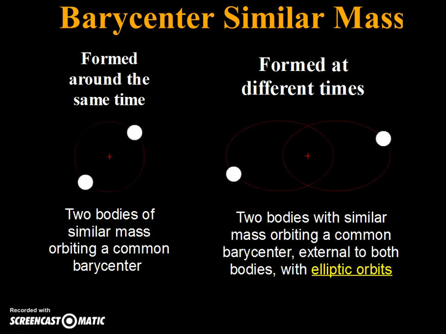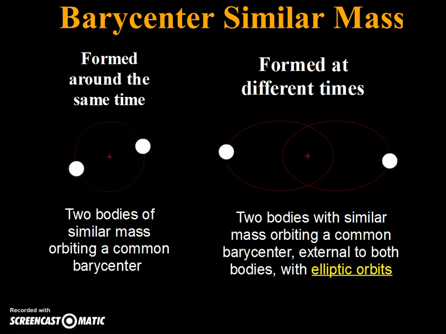So a couple of terms, barycenter is very similar with mass. So you have objects that are formed around the same time, and you can see how they're formed around one center. But if they're formed at different times, it affects it differently. So if you have 2 bodies that have the same mass, they orbit one barycenter if they're formed at the exact same time.